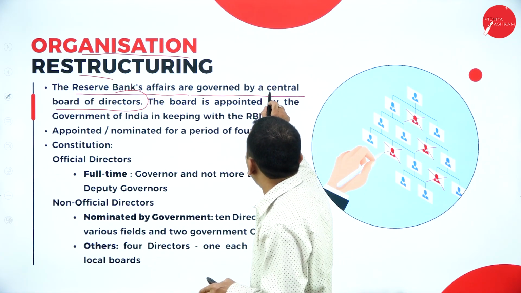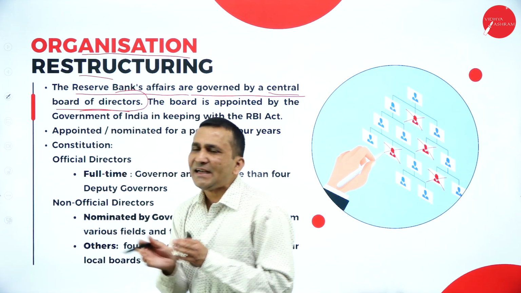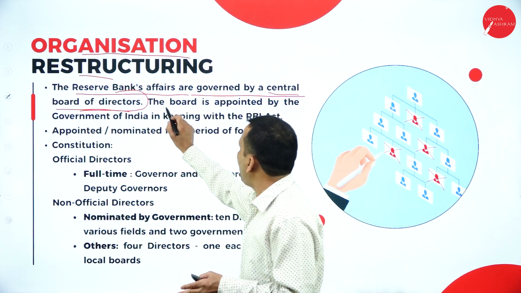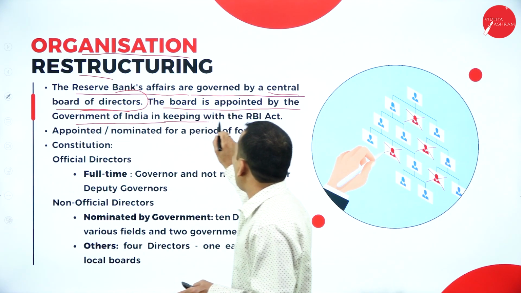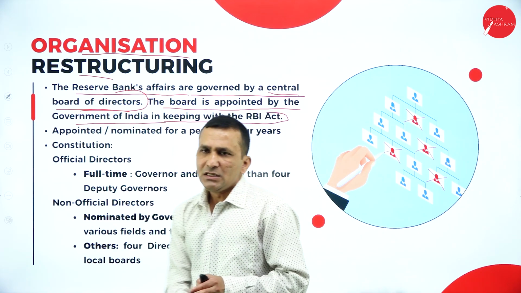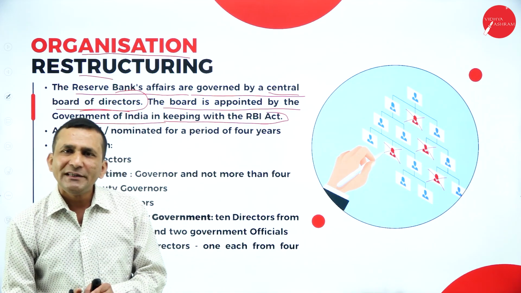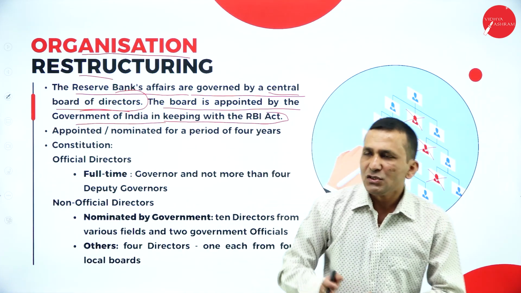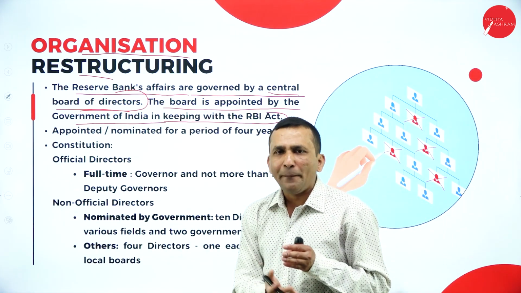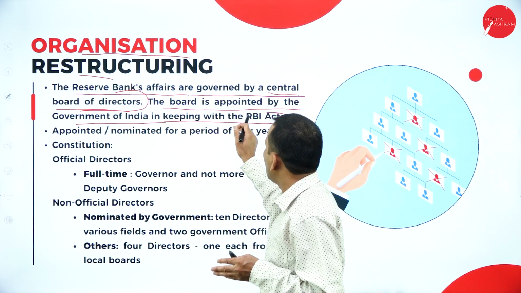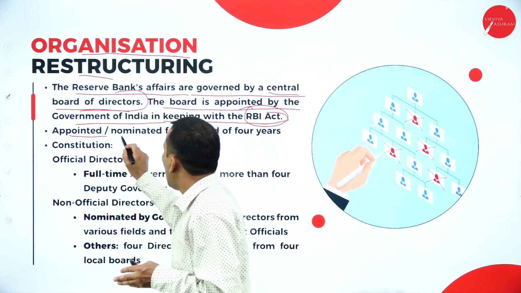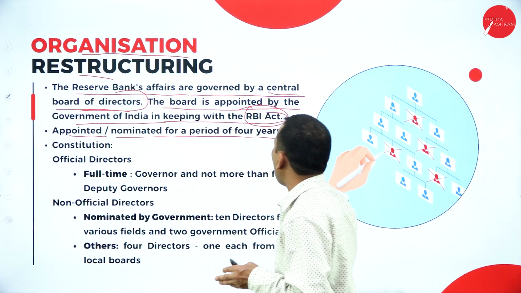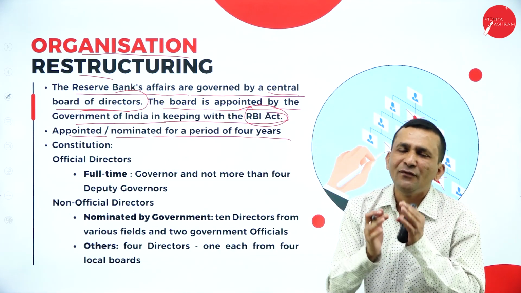There you can find the Central Board of Directors are appointed. The board is appointed by the Government of India in keeping with the RBI Act. Whenever they appoint any board of directors, based on RBI operation, they have to follow the RBI Act completely. They are appointed and nominated for a period of not more than 4 years.